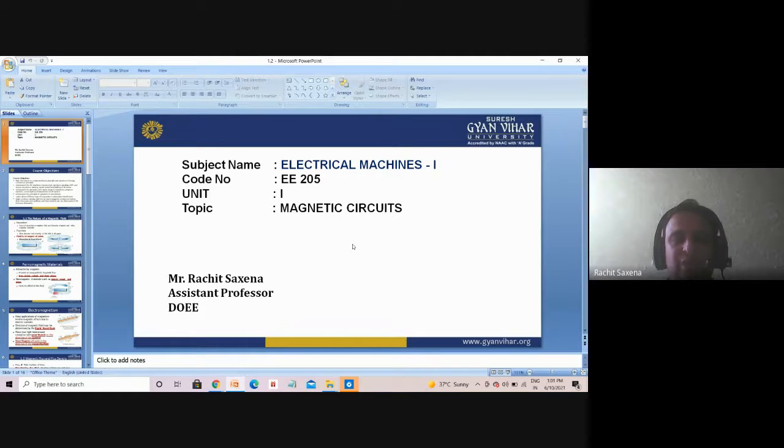If we want backup supply in our houses, residential, domestic or agriculture load, we use a generator. DC generator and DC motor work on DC, but the transformer works on AC only.